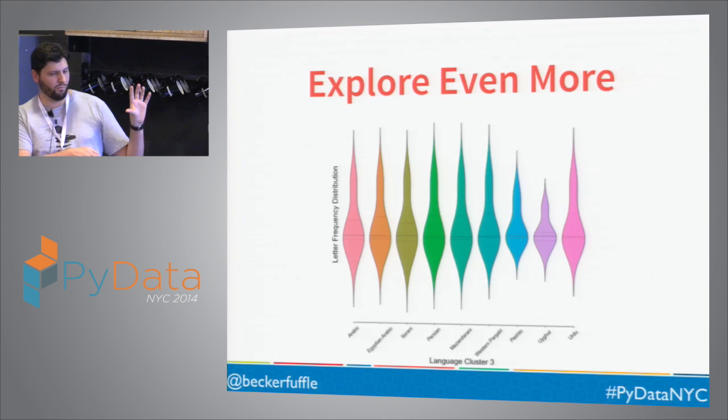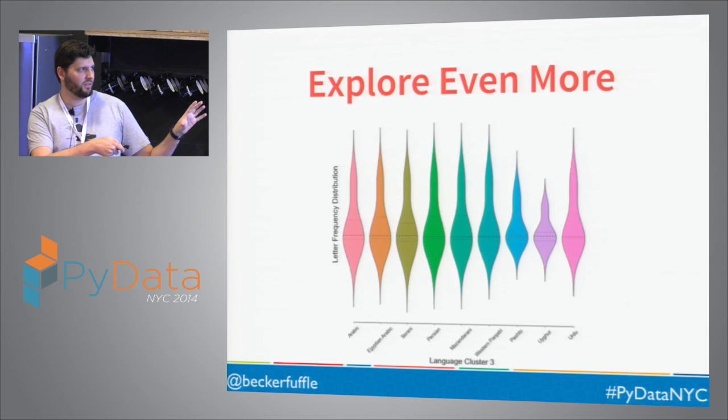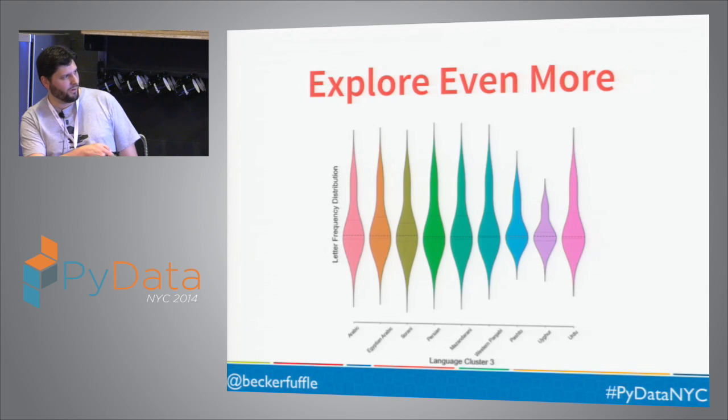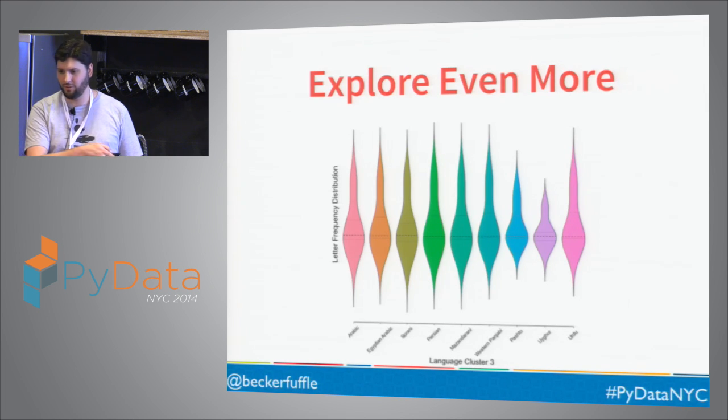But in any case, what we're comparing here is the distribution of letter frequencies in this language, and this is the distribution of the letter frequencies in this other language, and you can probably barely see it, but there's a line here for the 25th percentile, another line here for the 50th percentile, and another line for the 75th percentile. And we can see that, for example, these first two, the distributions line up pretty similarly, and the percentiles also line up pretty similarly.